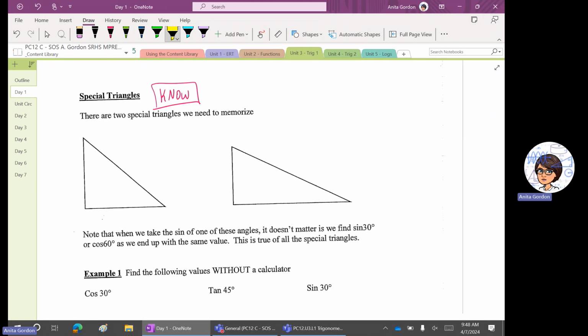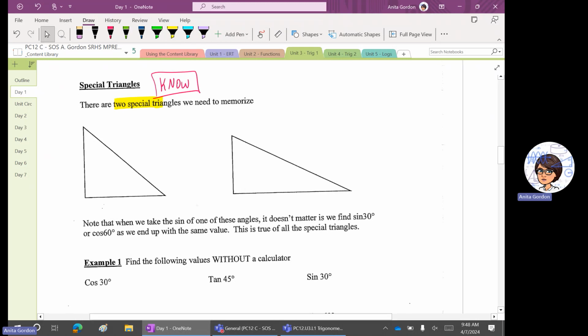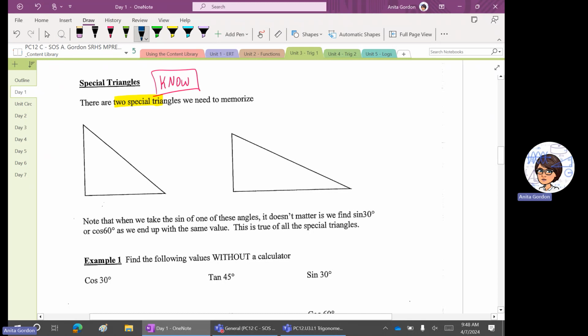There are two special triangles that we're going to memorize, which is going to help us tremendously in this unit. And this is the triangle that is a right triangle with angles of 45 degrees in both of the other corners. A triangle that has 45 degrees in 2 out of the 3 corners means its side lengths, its legs, are both the value of 1, and the hypotenuse is root 2. This is always true.